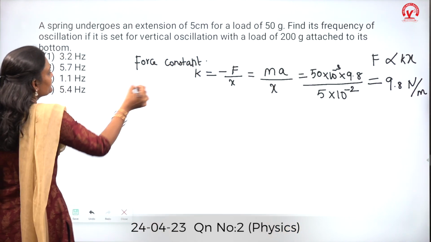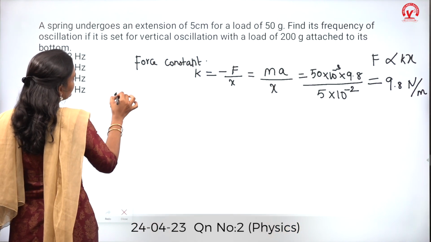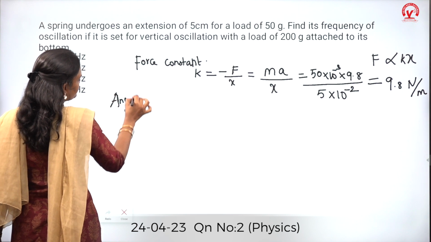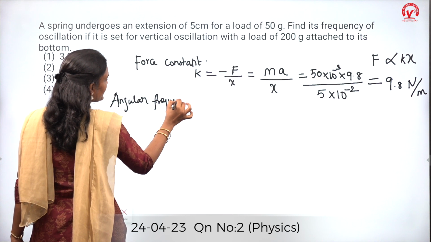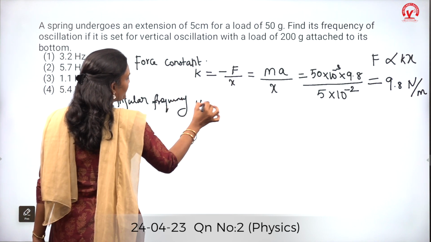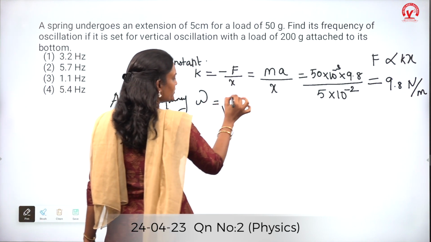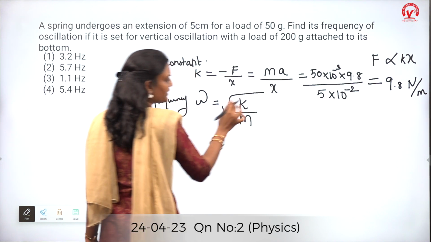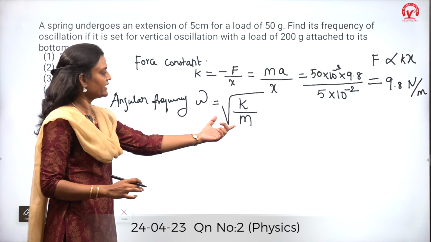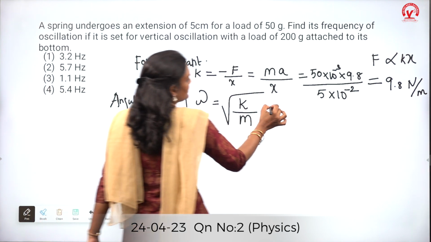Now we need to find the angular frequency. Angular frequency omega is equal to root of K by M. K is the force constant and M is the mass.